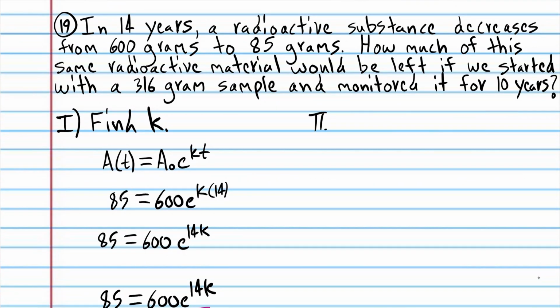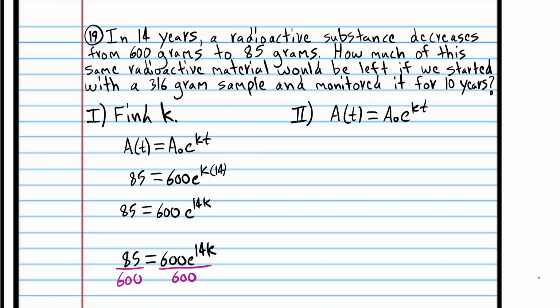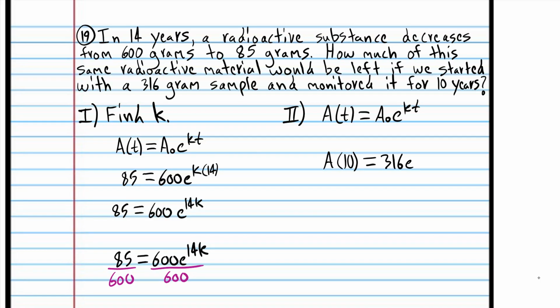Now that we've found k, we're going to use the same formula, and it wants to know how much of this same radioactive material will be left if we started with the 316 gram sample and monitored it for 10 years. So T is going to be 10, starting with 316 grams.